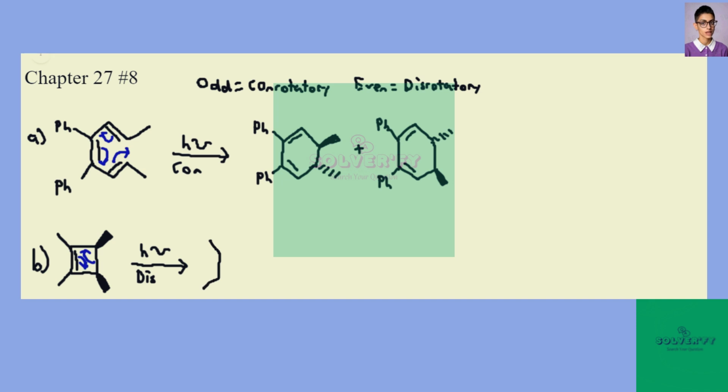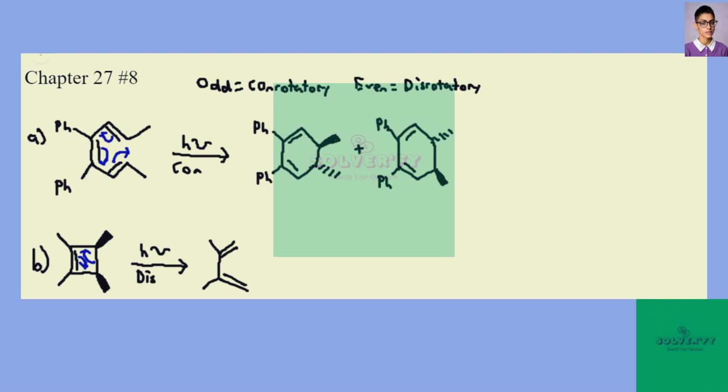So there's the backbone. There's one of our double bonds. There is our other double bond. And now we need to take into account the way that this molecule rotated. So it's going to be disrotatory. So our 2 methyl groups here are going to have rotated in different directions.